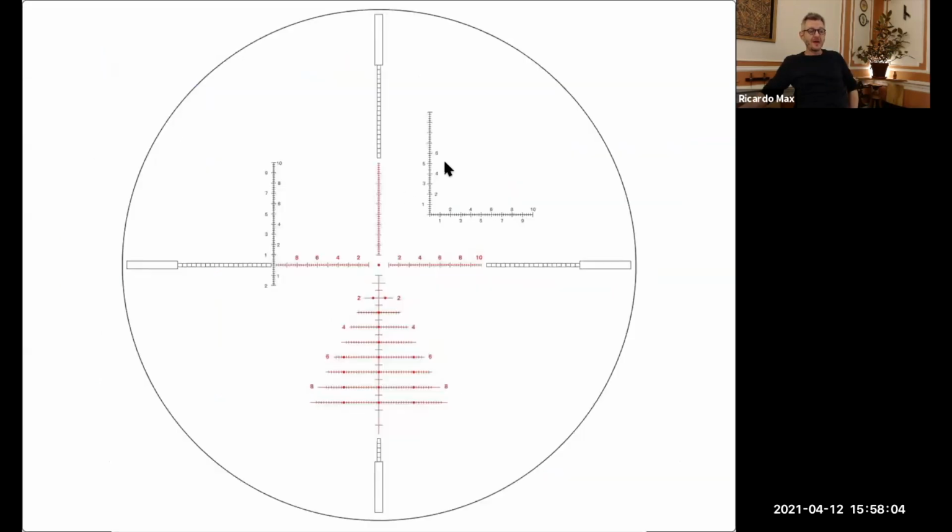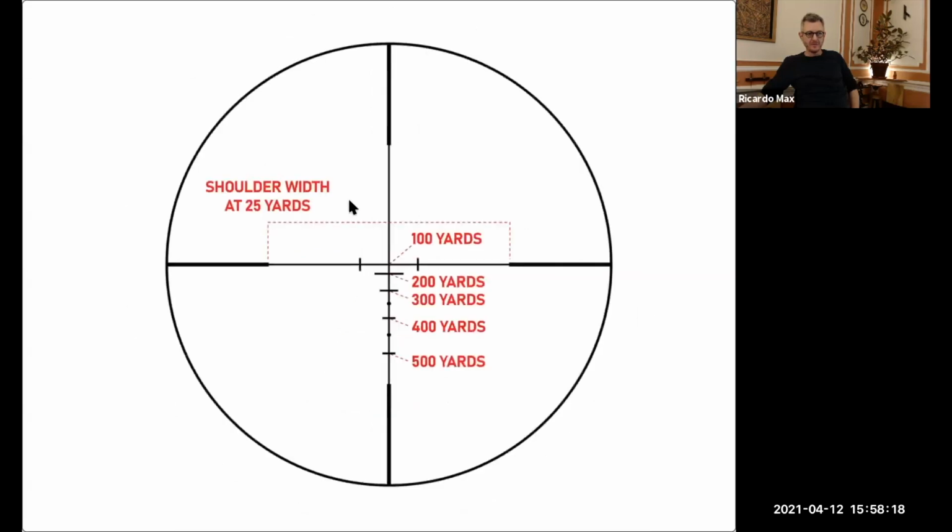That's why you have all these measurements inside the scope. Theoretically you need only the X, right? But different scopes have all kinds of things like that. With that you can estimate pretty well.